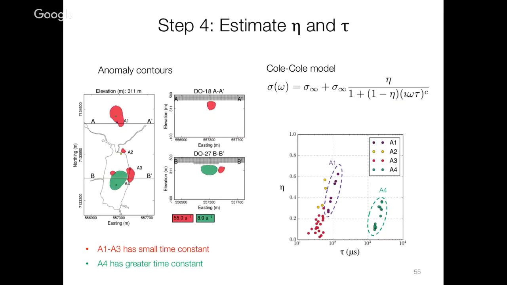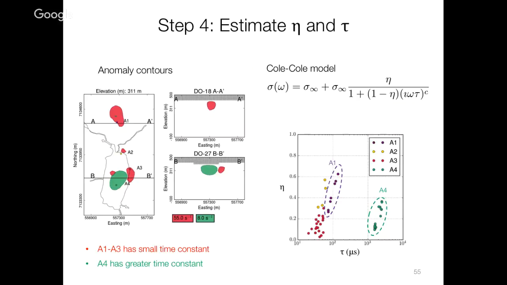Okay, so we've got chargeabilities as a function of time, and we want to convert those to a parametric representation that looks like that. So if we look at A1 up here, and we take some pixels at A1, so there's a region up here.